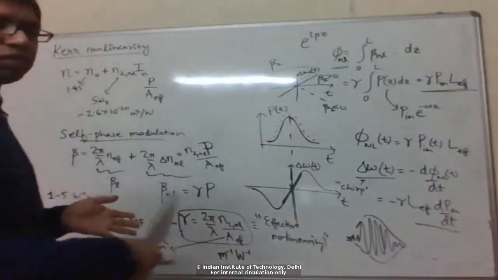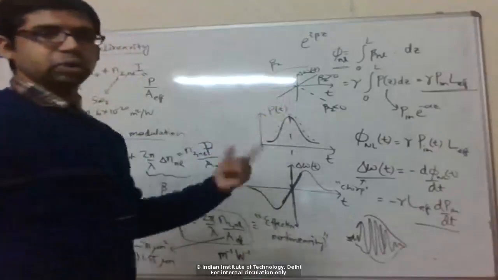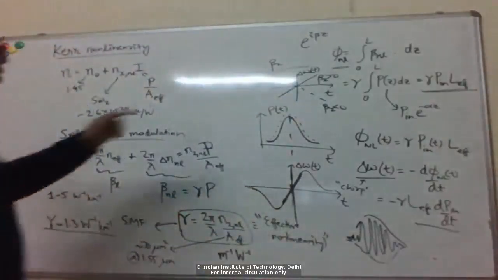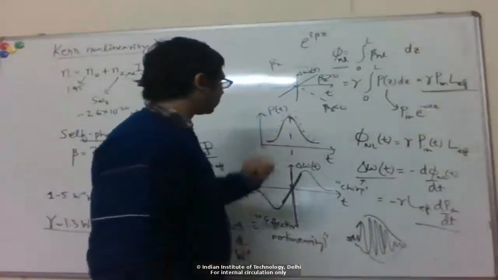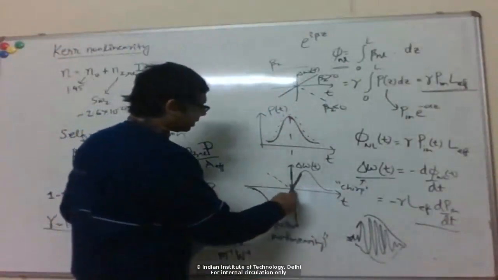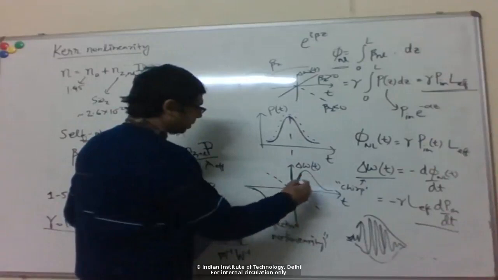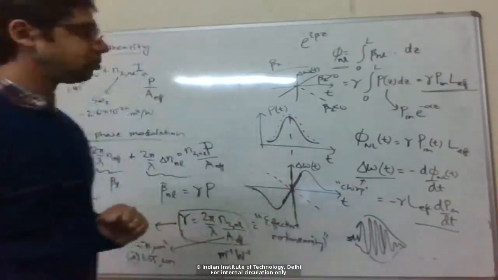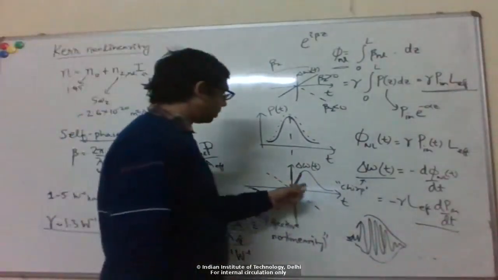The pulse will broaden faster because of this nonlinearity than it would due to dispersion alone. Whereas if we had the opposite case, a fiber with anomalous dispersion, then this nonlinear chirp will actually compensate some of the dispersive chirp because it's of the opposite sign. So in this case, nonlinearity can actually help.